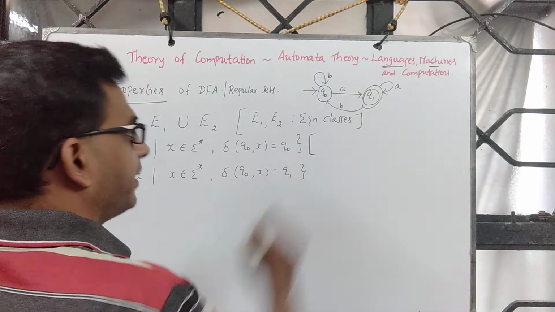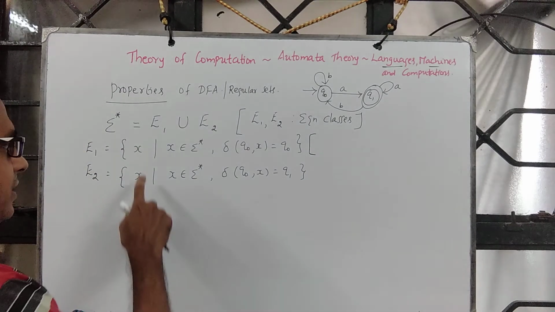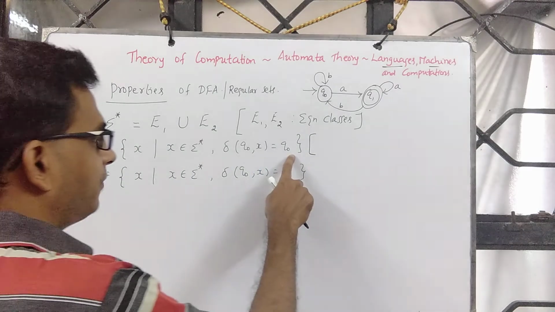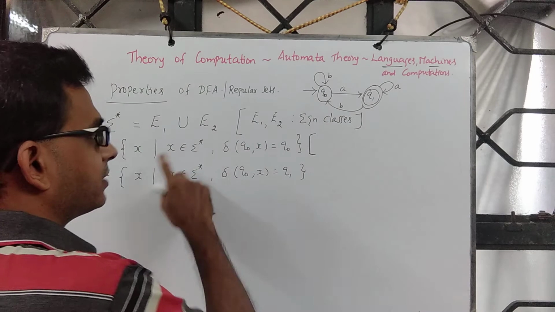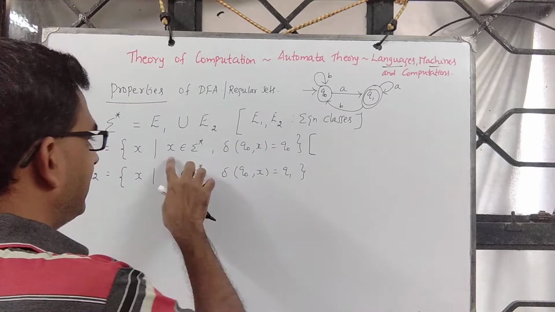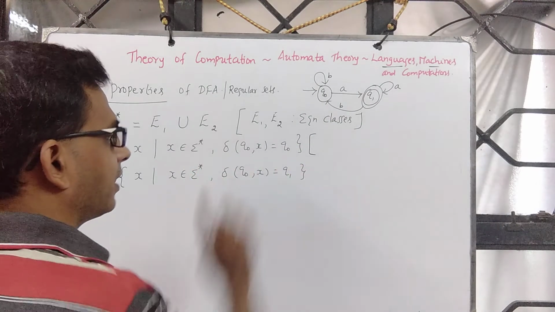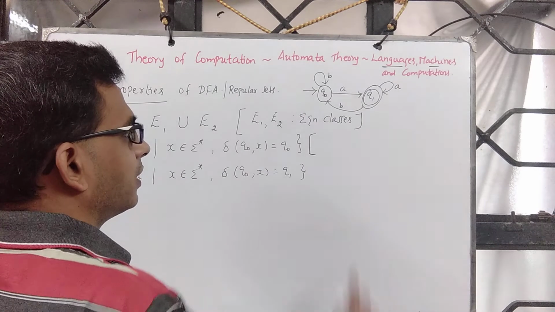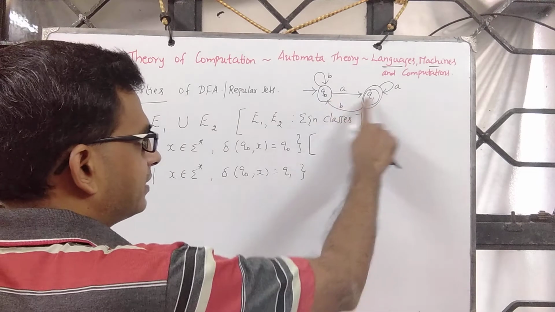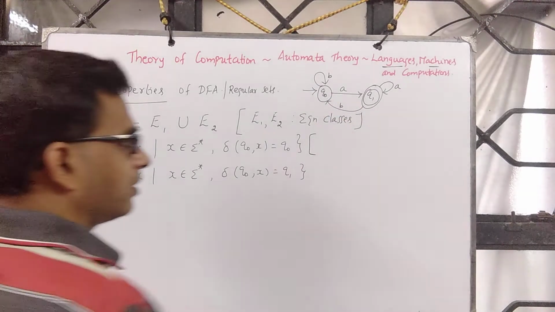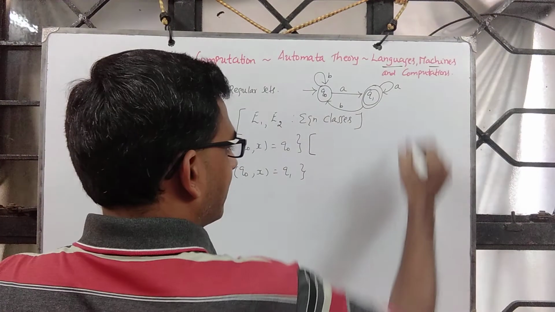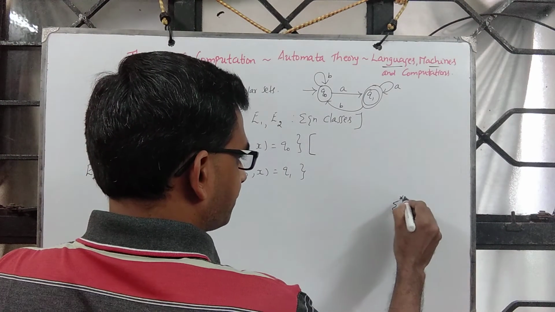Informally, what will be the description for x? Formally we say it is all those x such that the output state is Q0, which means if you look at this sigma star, you can divide sigma star.